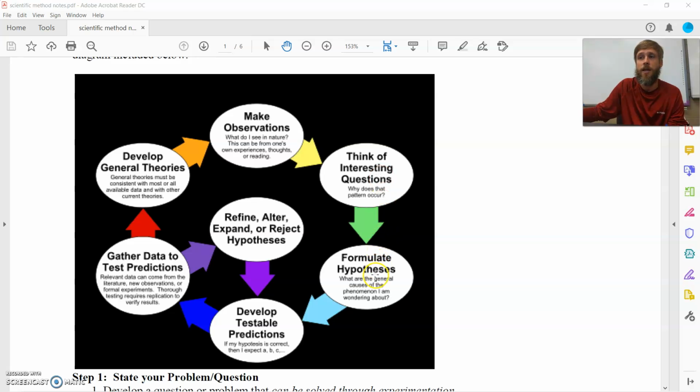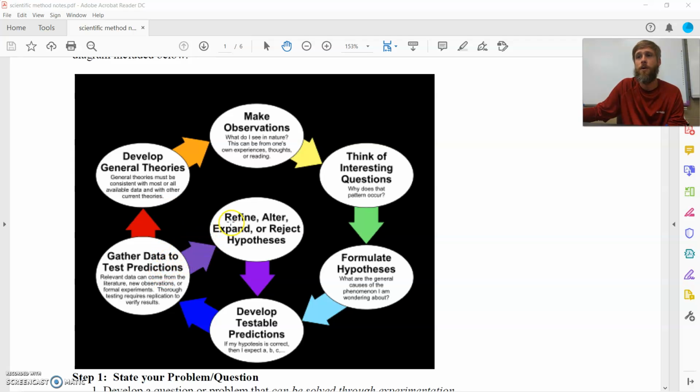Then you formulate hypotheses. What are the general causes of the phenomenon that I'm wondering about? Then you develop testable predictions, and then you gather data to test predictions. Then, if you have enough data, evidence, maybe then you develop a theory.